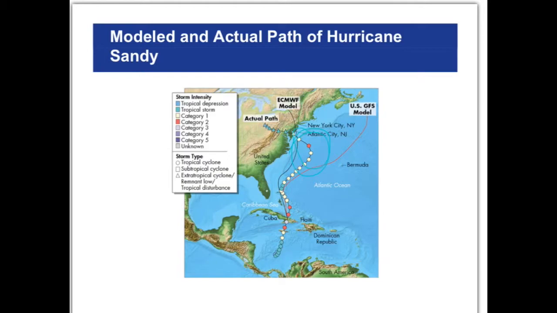All these little points right here are the actual path of Hurricane Sandy, and you can see the different intensities that it has at these different points. Well, this was the European model, the ECMWF model, and that was actually a lot closer than any of the models that we had here in the United States. So what does that tell you?